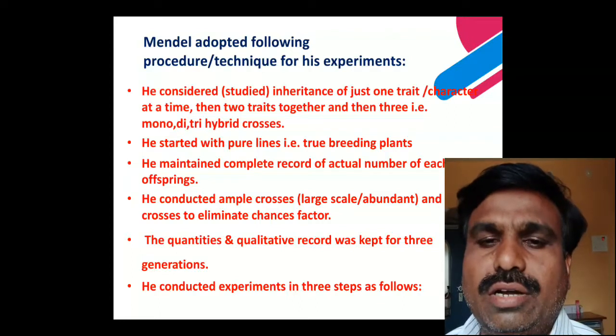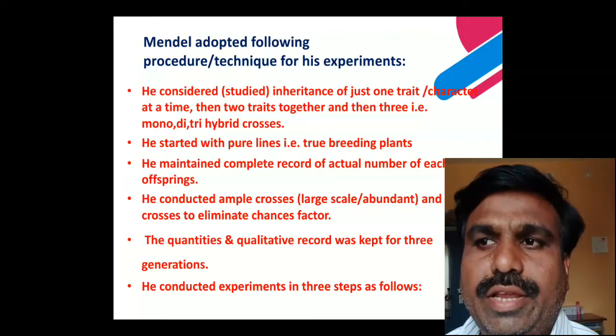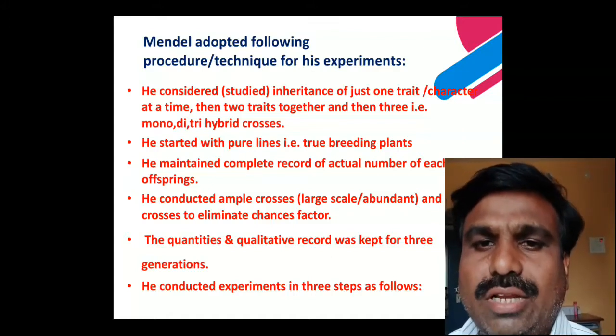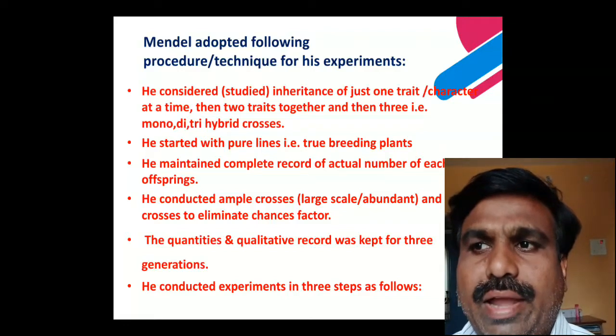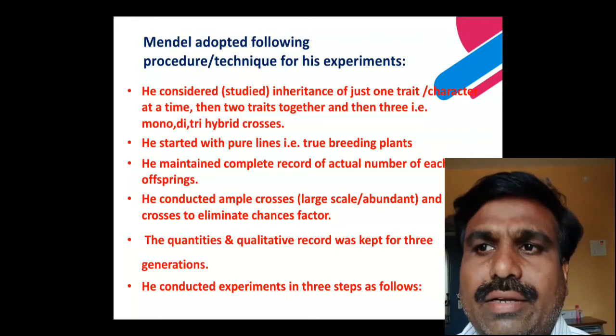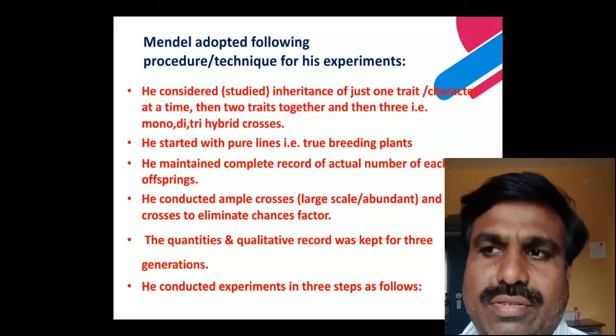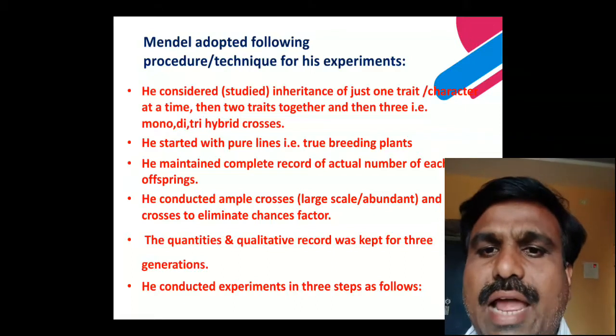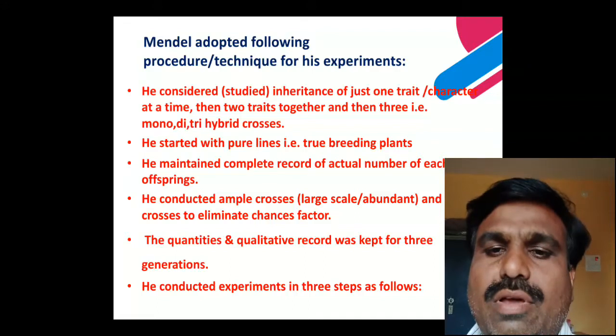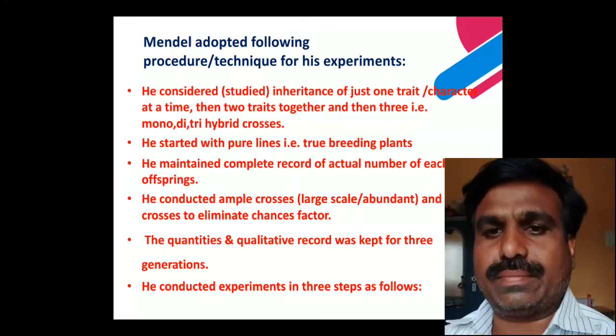He considered the inheritance of just one trait or character at a time, and then 2 traits together, and then 3 traits: monohybrid cross, dihybrid cross, trihybrid crosses, taken up to 3 generations.